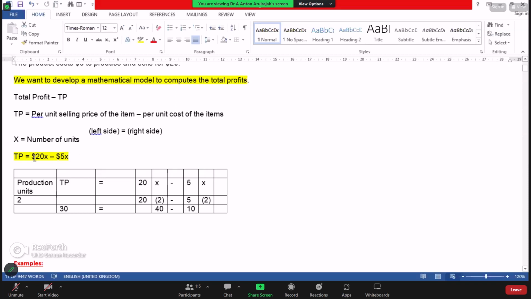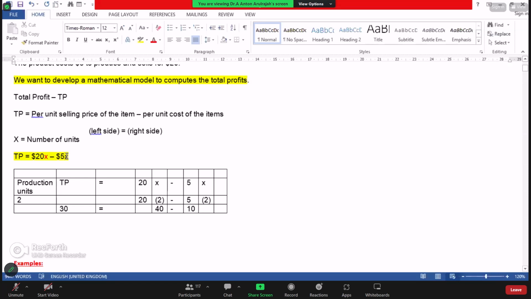TP is equal to $20x minus $5x. So this indicates total profit TP on the left-hand side. On the right-hand side, there are two aspects: one is the per unit selling price, but we don't know the number of units, which is unknown, so we have to put it as x. The 20 is a rupee value, 20 rupees, that's why we put a dollar sign, or you can put Rs.